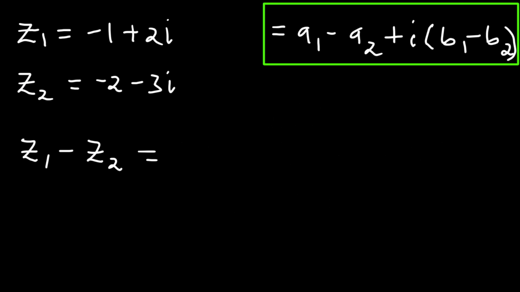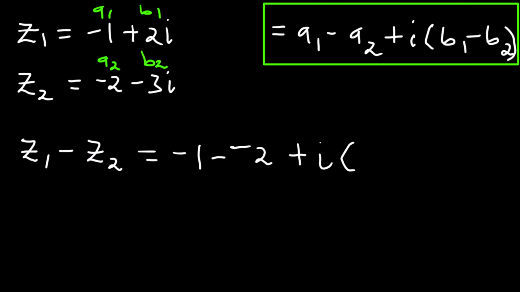Now let's try solving it using the formula. A1 will be negative 1, B1 will be 2, A2 will be negative 2, and then B2 will be negative 3. So we shall have A1, which is negative 1, minus A2, which is negative 2, and then plus i times B1, which is 2, minus B2, which is negative 3.